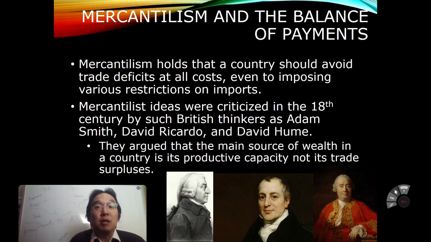I want to be rich at the expense of you; that's the idea of mercantilism. 18th and 19th century European empires were competing in this sense. Mercantilist ideas were criticized in the 18th century by British thinkers, for example Adam Smith, David Ricardo, and David Hume. They argued that the main source of wealth of a country is its productive capacity, not its trade surplus per se.